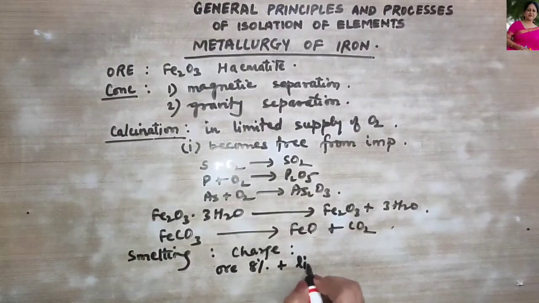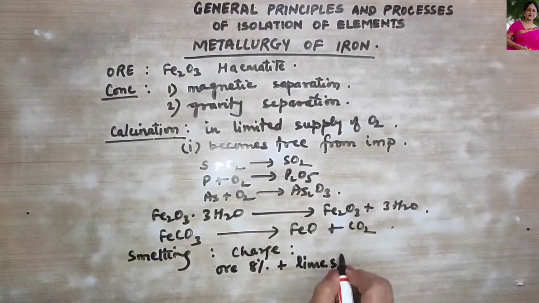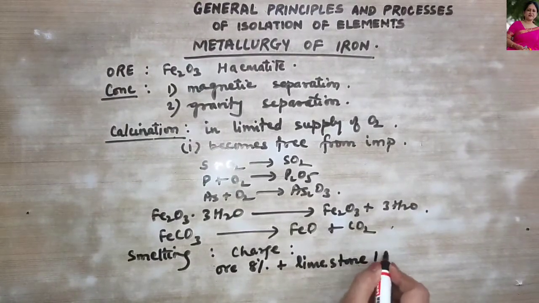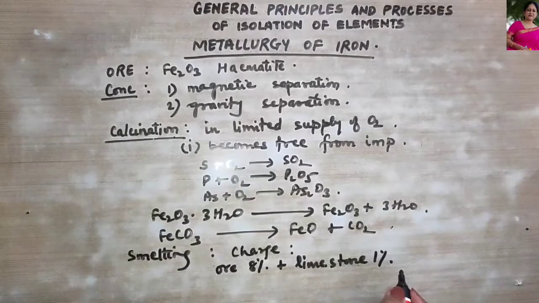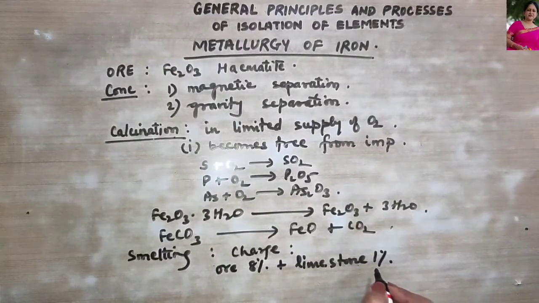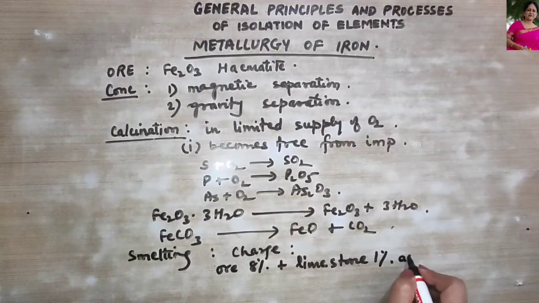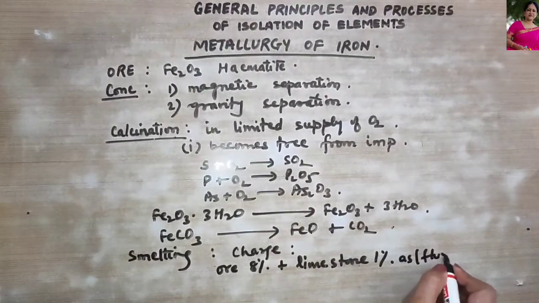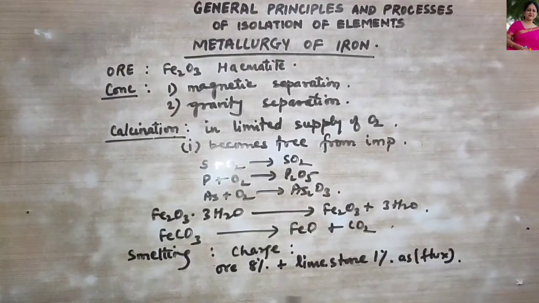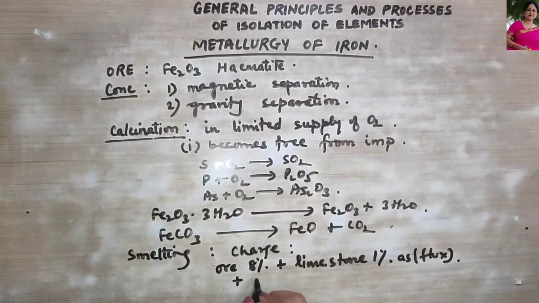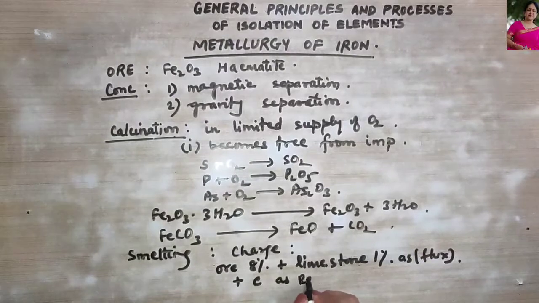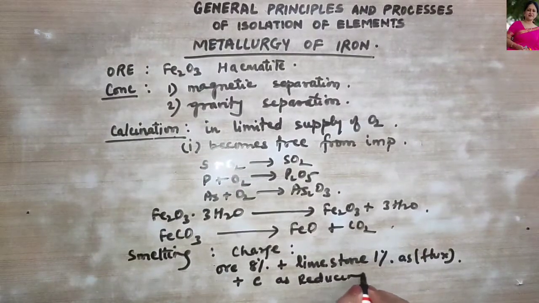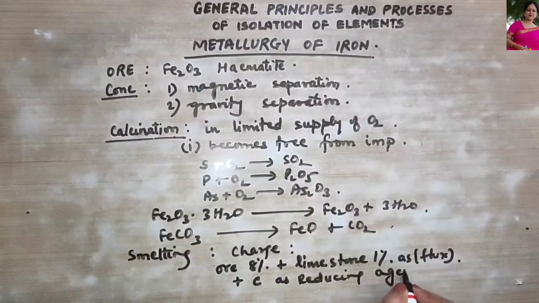It also contains limestone, which is 1%, and this is used as flux. And we also add coke, which is used as a reducing agent.